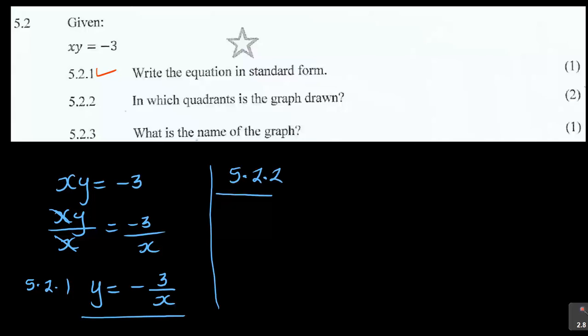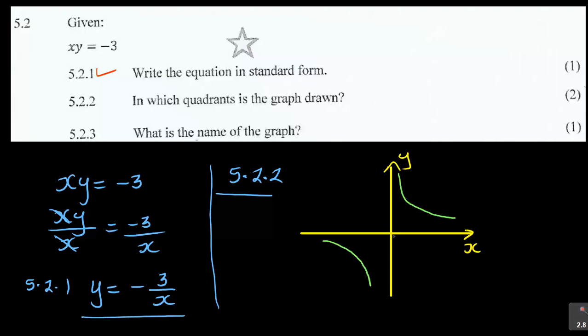Then you have 5.2.2. They say, in which quadrants is the graph drawn? Just to remind you, you'll have your graph with your y axis and your x axis. Now the positive axes, you draw here and here. If it is negative, it is here and here.